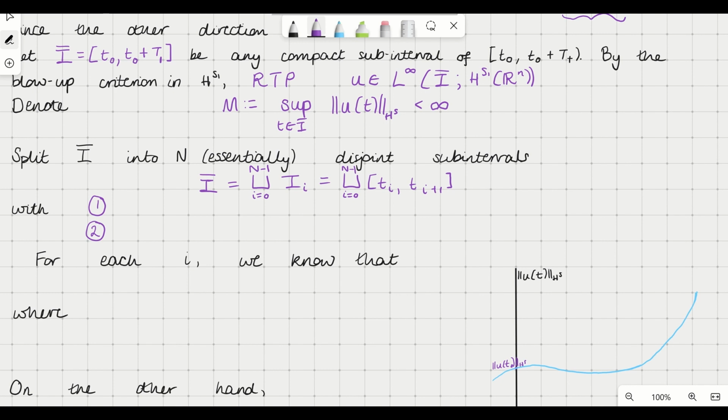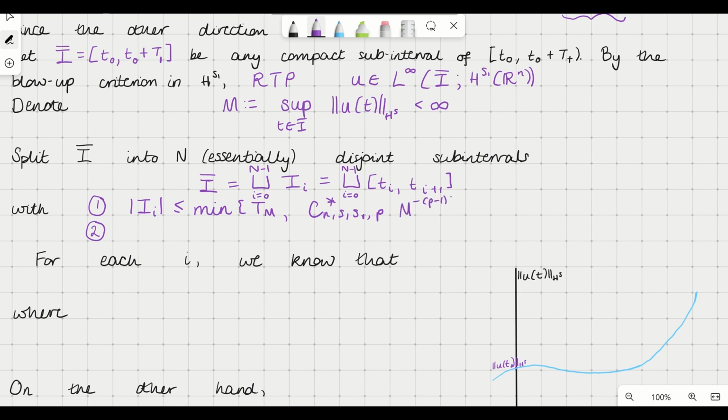So I want the length of each interval I to be at most this: the minimum of T_m, the time interval on which I can construct a solution in H^s by Picard iteration, since the solution is bounded by m in H^s, and some mysterious constant C(n, s, s1, p) star, which I'm not going to find right now, but it will appear later.